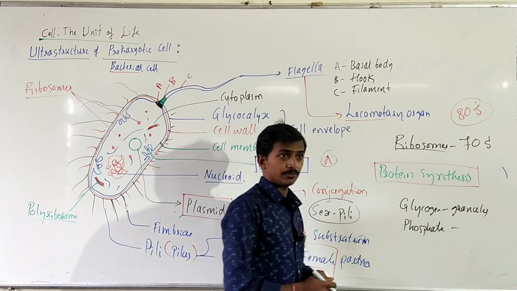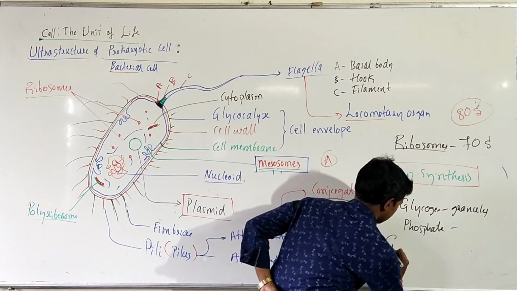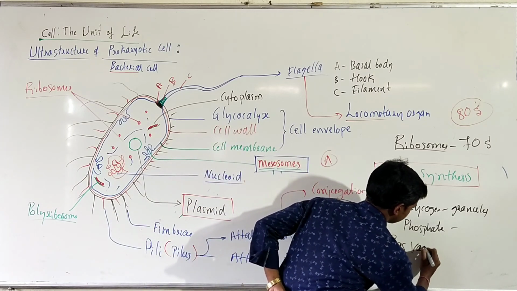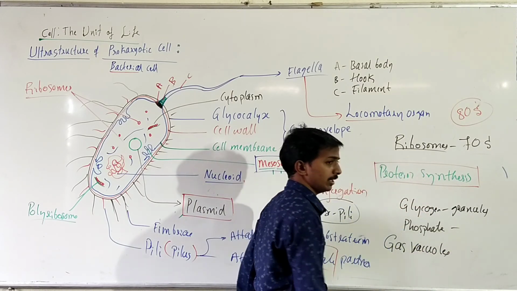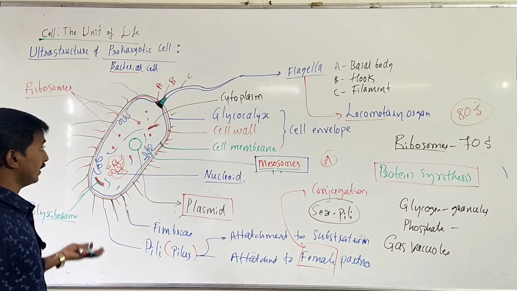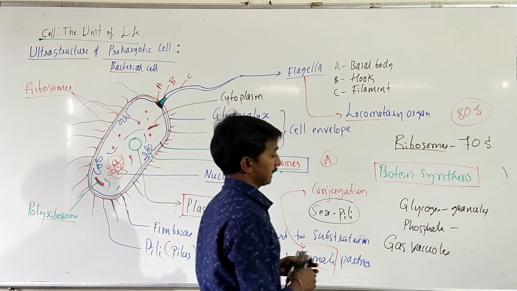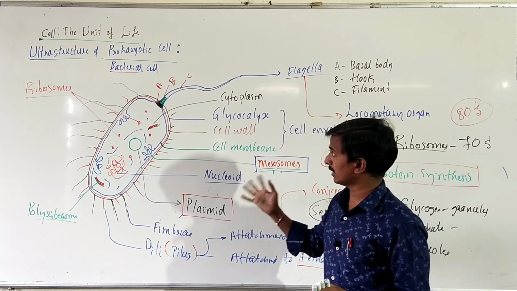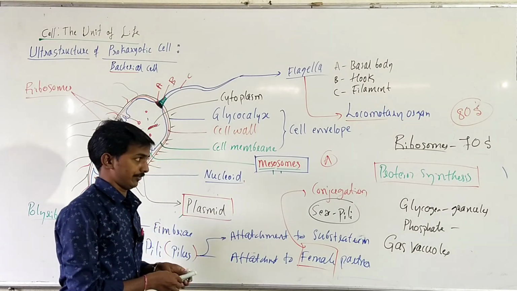Then in some bacteria, mainly the cyanobacteria, there are gas vacuoles that help in the floating or buoyancy of the bacteria if it is needed. Like that, many more smaller inclusions are present inside the bacteria or prokaryotic cell, being a part of our cell, the unit of life.